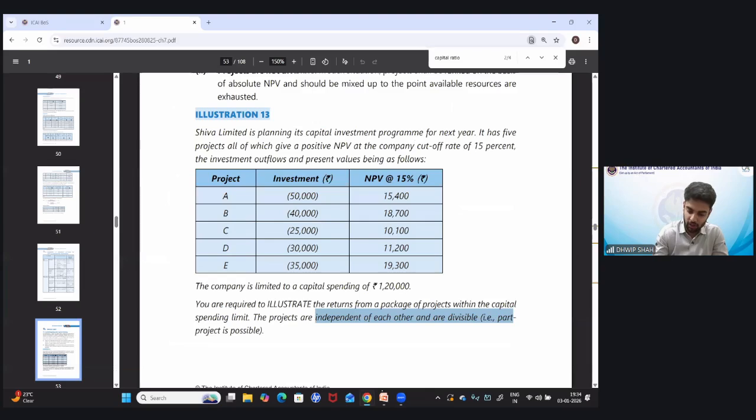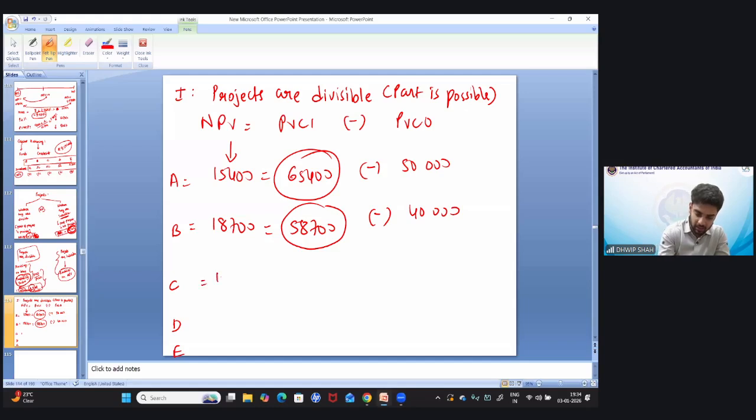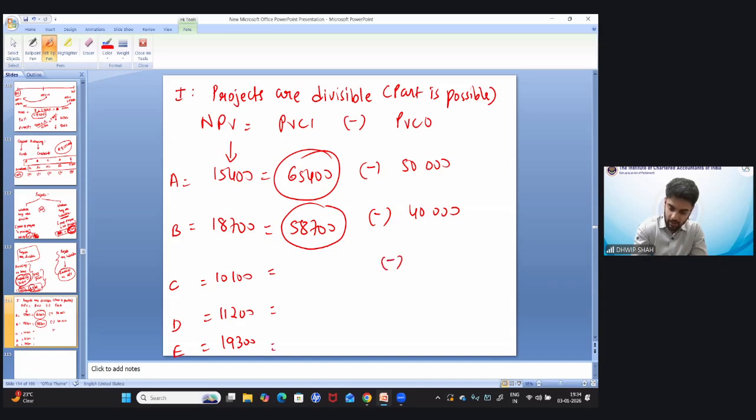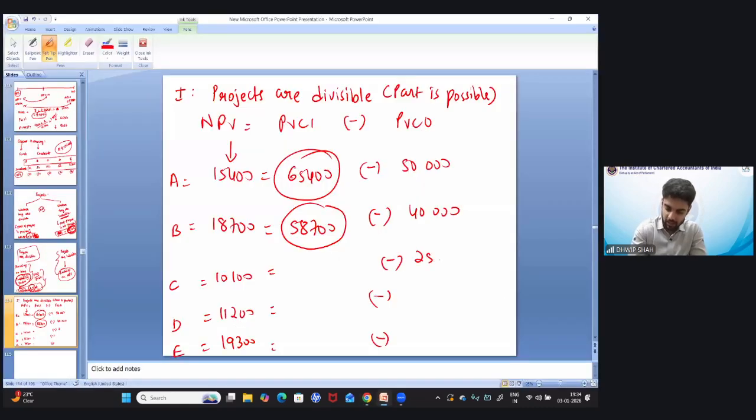So likewise for projects C, D, E, the NPVs are 10,100, 11,200, 19,300. Outflows are 25, 30, 35.